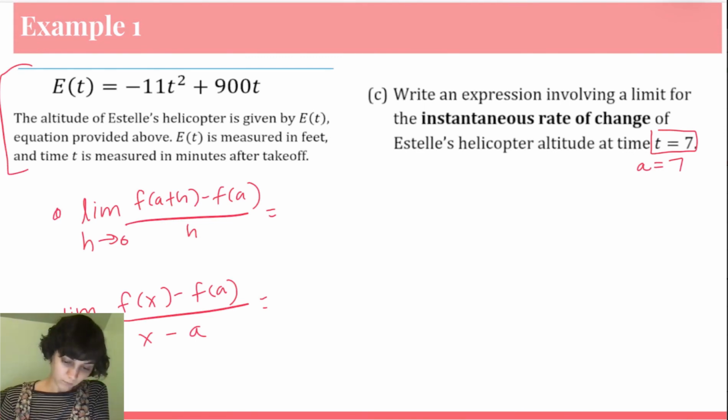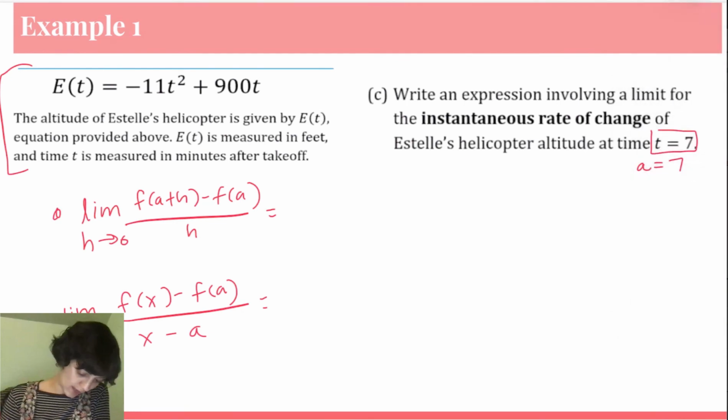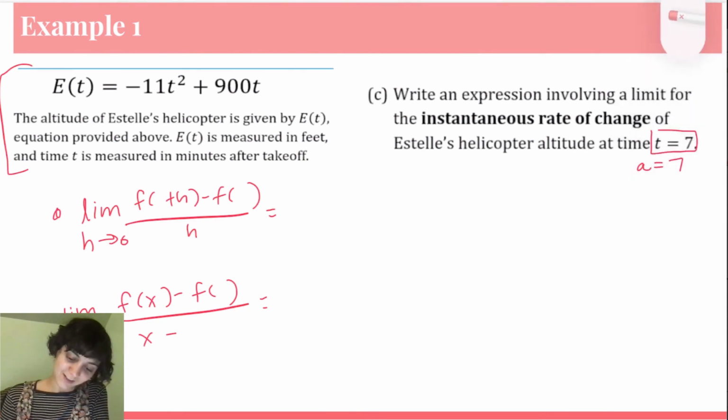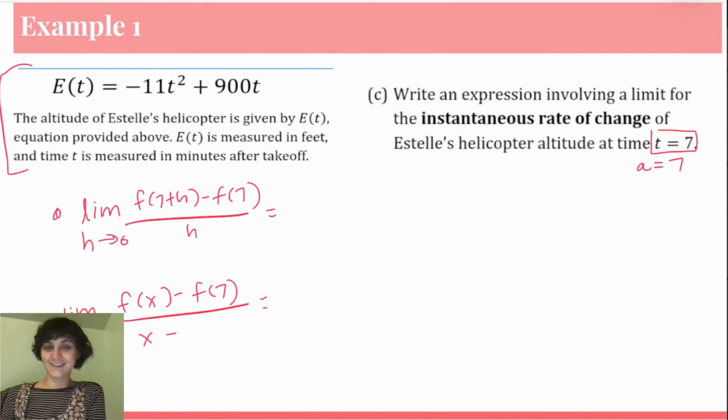And I'm just going to plug it in right here. So I'm going to replace all my A's with 7. I'm just doing a little shortcut. There we go. Cool. Shortcut complete. So I'm looking to find the instantaneous rate of change at 7.